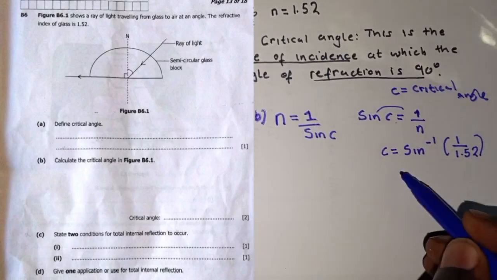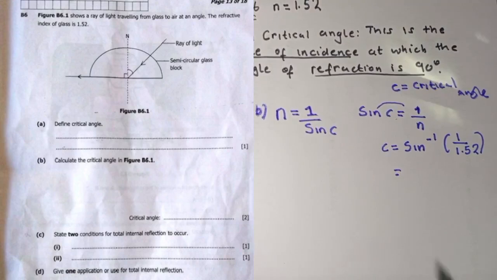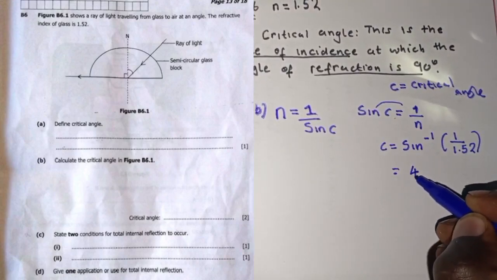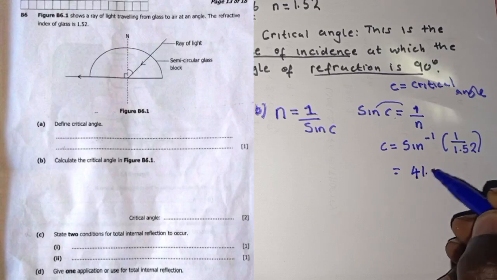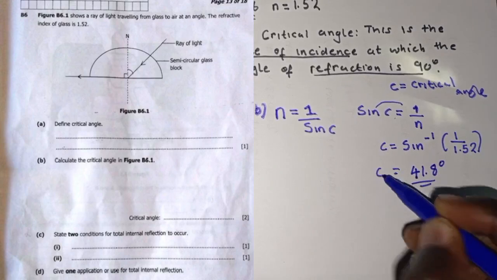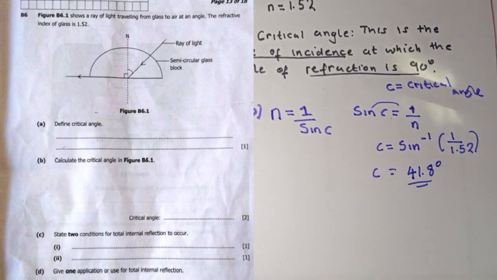Here we just use a calculator to find our answer, and we get this angle, 41.8 degrees. So this is our critical angle. Very simple. And we move on to the next question.